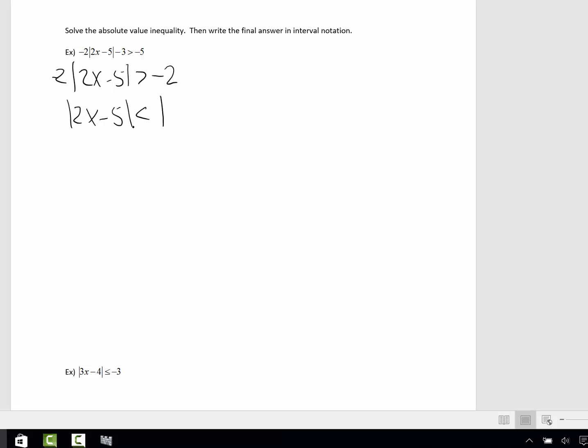So now notice, now the absolute value bars are by themselves. We have an inequality symbol of less than. This is again an and statement. So let's write out the two statements. And let's solve each inequality.